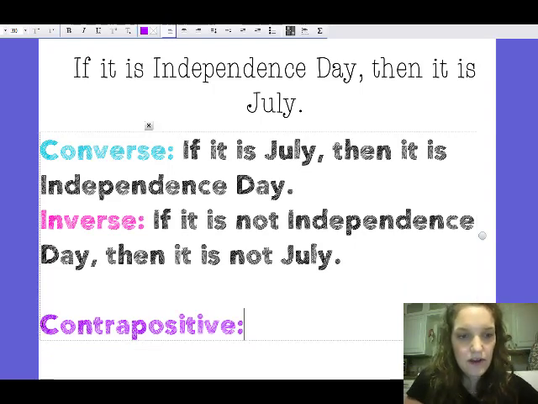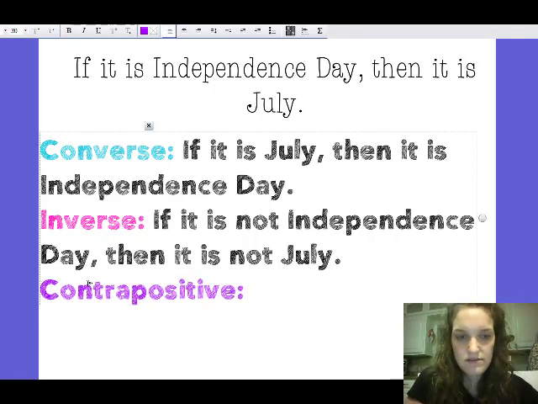And then the contrapositive will be, sorry, this is taking forever. I'm trying to not have to have you read my ugly handwriting on the screen.